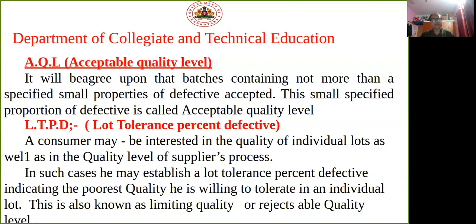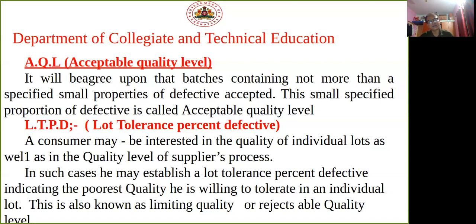What exactly does it say about the consumer? He is always interested in the quality of the individual lot as well as the quality level of the supplier's processes. So what does it mean?